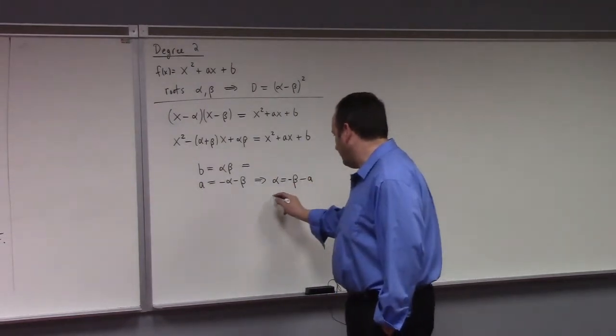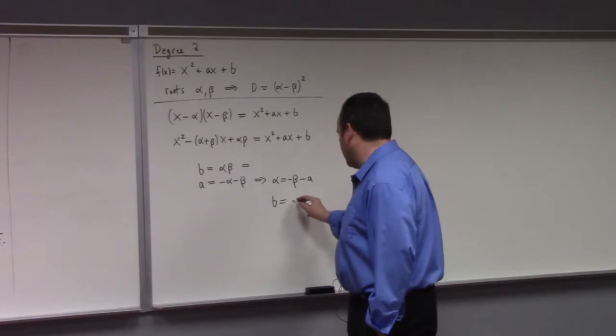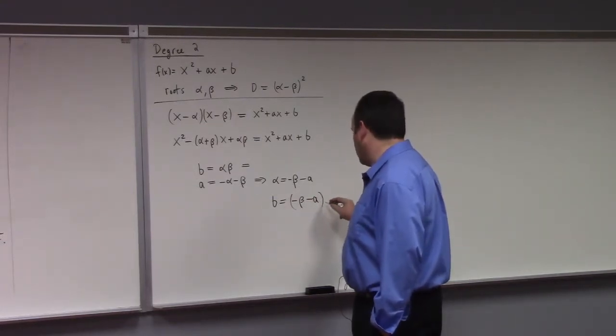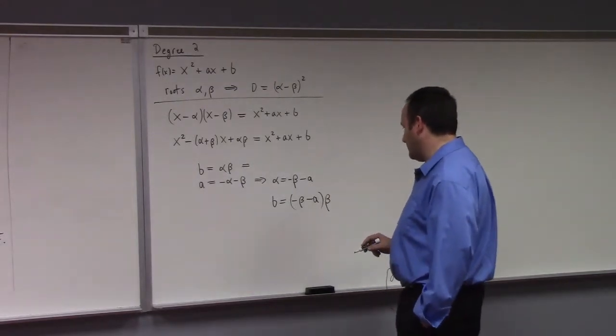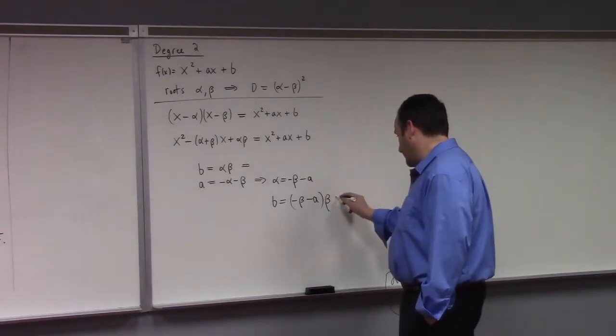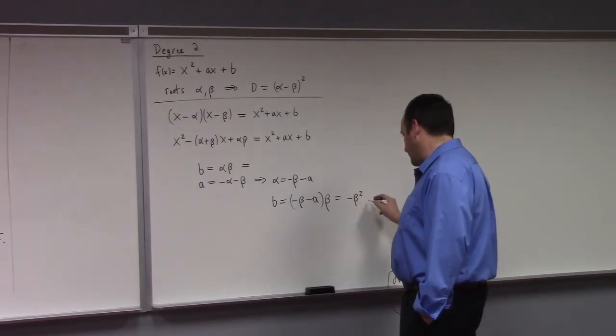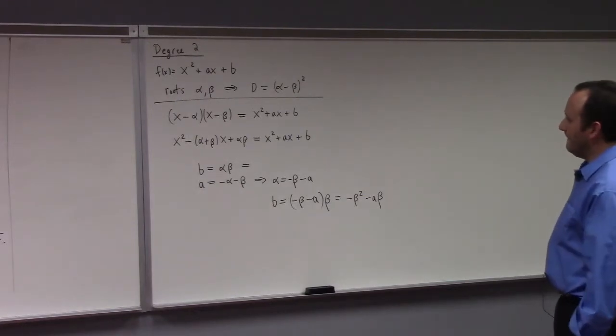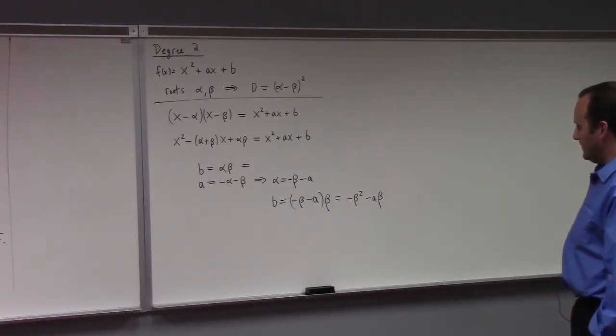And then b is equal to minus beta minus a times beta, which is equal to minus beta squared minus a beta, which is quadratic in beta, so we could solve for it.